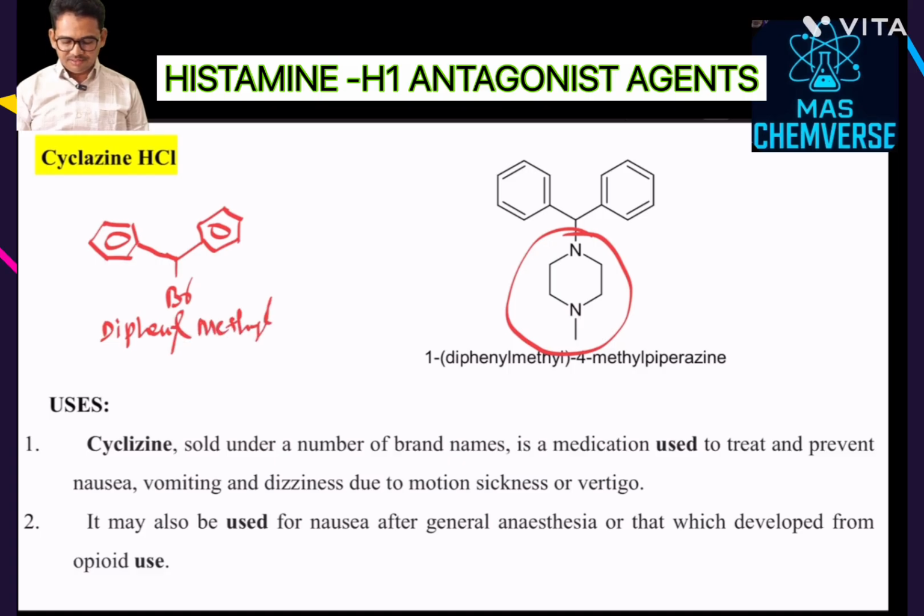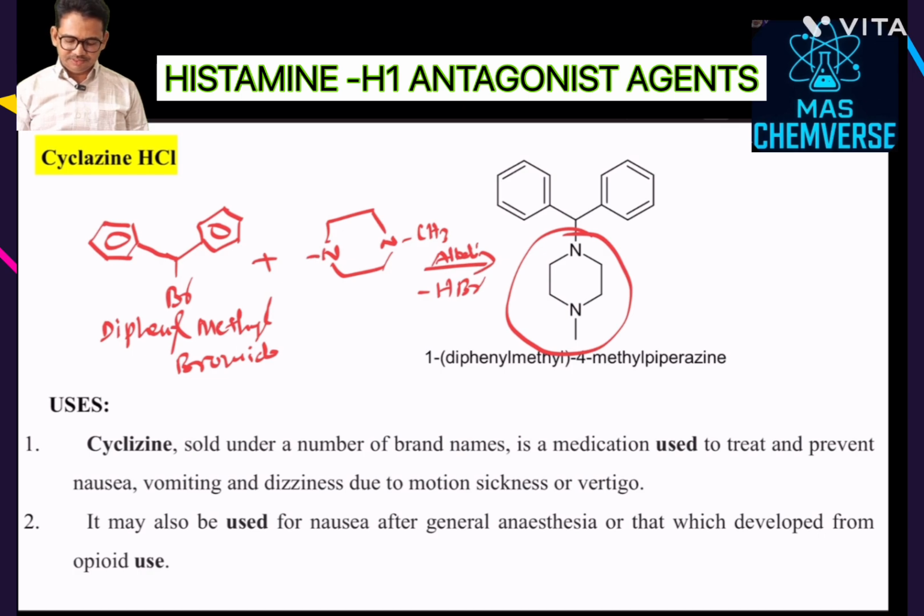Okay, the name for this one is diphenyl methyl bromide. It reacts with methyl piperazine. Remember that. React with what? Methyl piperazine, in the presence of alkali, and it is going to release hydrogen bromide.